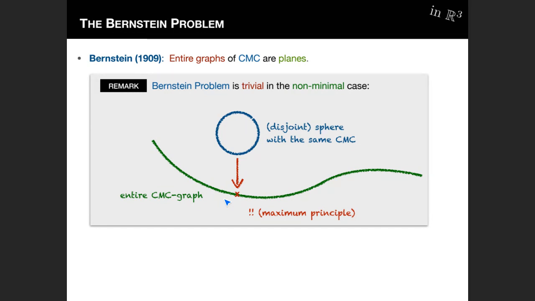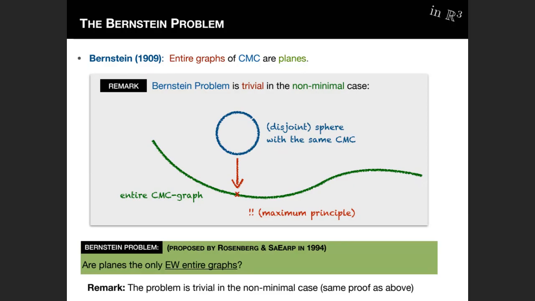So a natural problem in our setting is to try to extend this result for entire graphs of elliptic Weingarten type. This was posed by Rosenberg and Sa Earp in a paper in '94 for Weingarten surfaces.